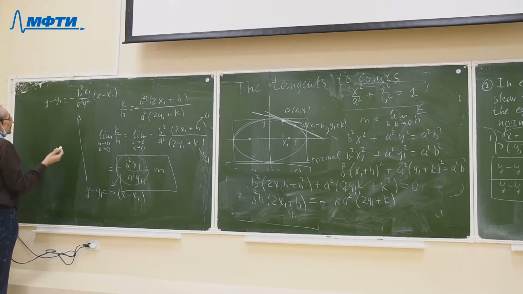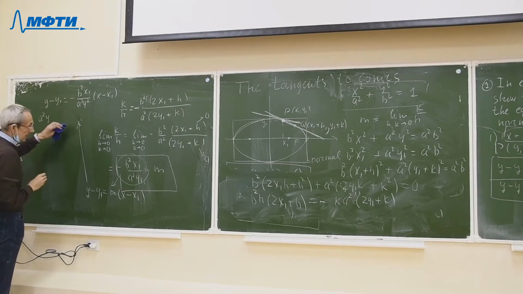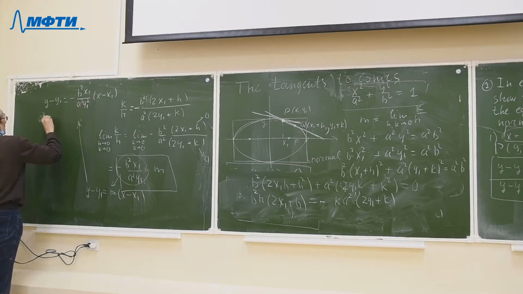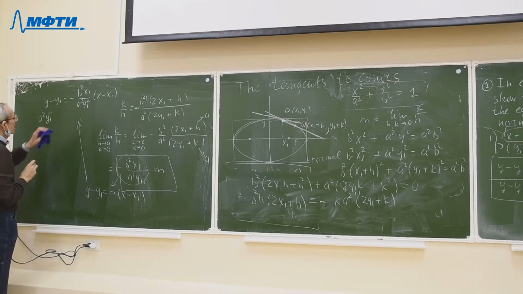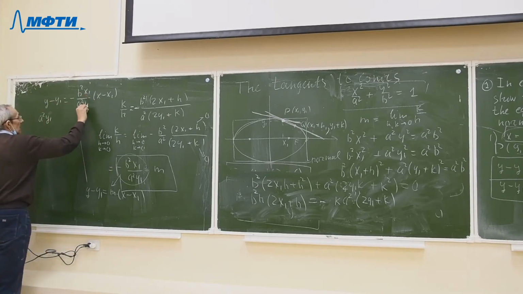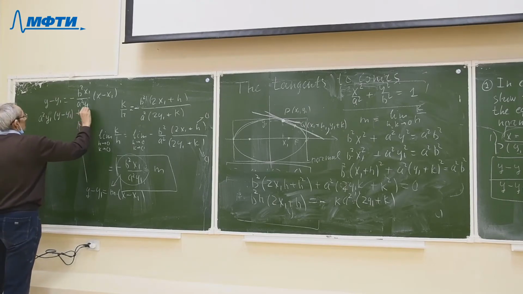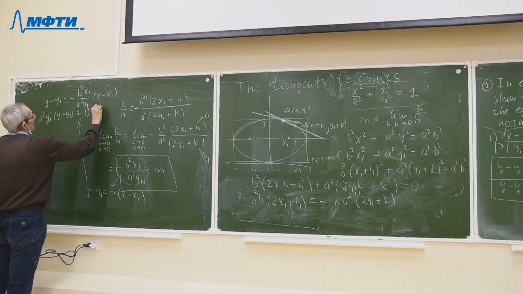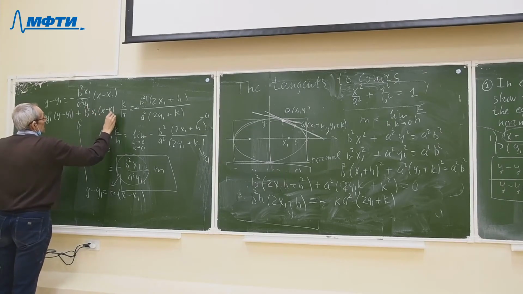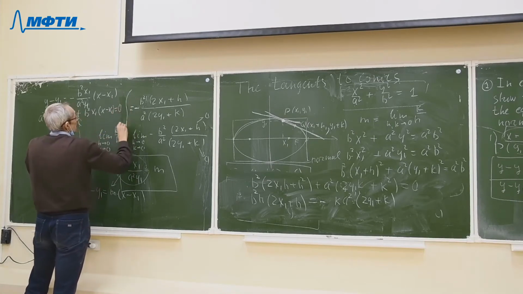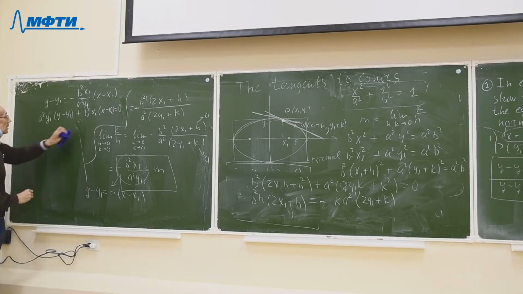And we can write this equality in the following form: a squared y1 times y minus y1 plus b squared x1 times x minus x1 is equal 0.